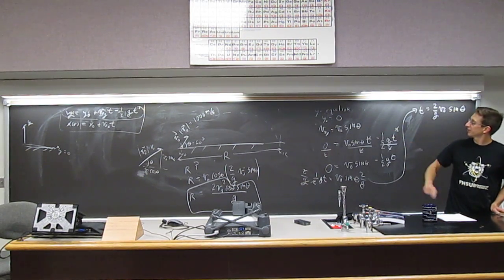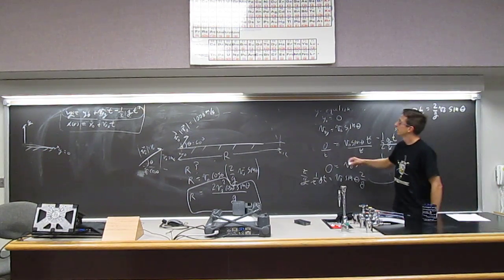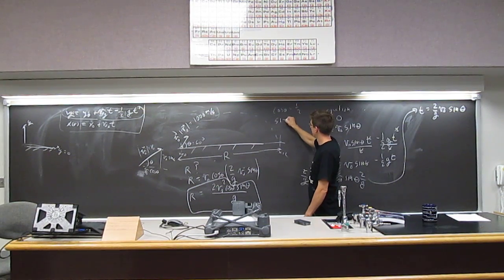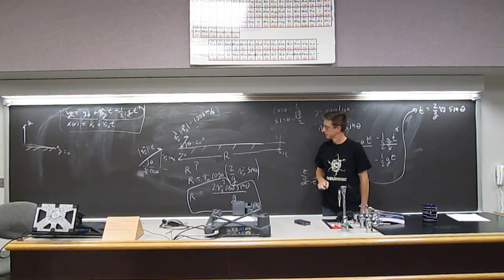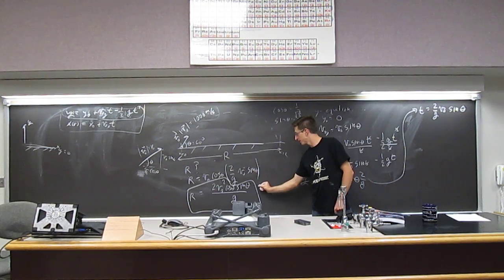So in this particular case, what would that range be? Cosine theta is 1/2, sine of theta is square root of 3 over 2. Plug those things into here, what would I get?